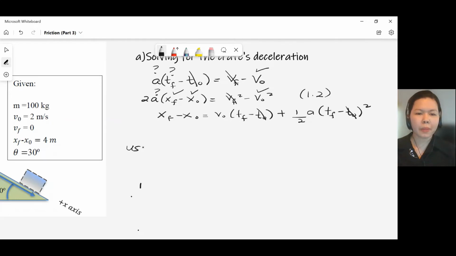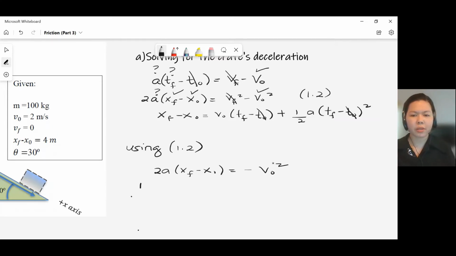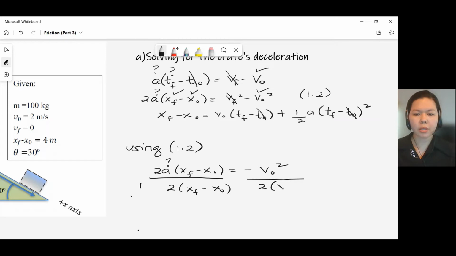Using 1.2, I'll just copy it. 2a times xf minus x naught equals negative V naught squared. You want the a, so we can divide the entire equation by 2 times xf minus x naught. 2 divided by 2 is 1, and xf minus x naught cancels, leaving us with our working equation.